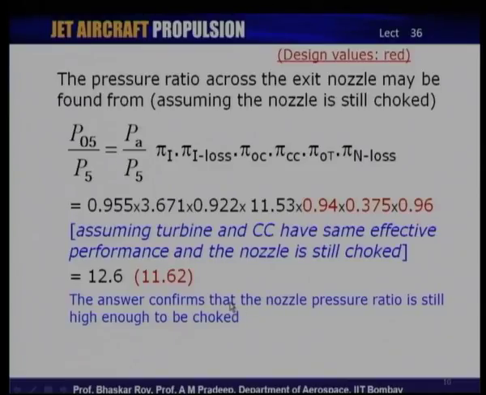We have discussed this in the intake nozzle chapter: if the nozzle pressure ratio is very high, you have to use a convergent divergent nozzle, and this is what has been used in this engine for the design pressure ratio of 11.62. This convergent divergent nozzle would continue to be useful at the off design operating condition we are looking at, because the pressure ratio is still very high.